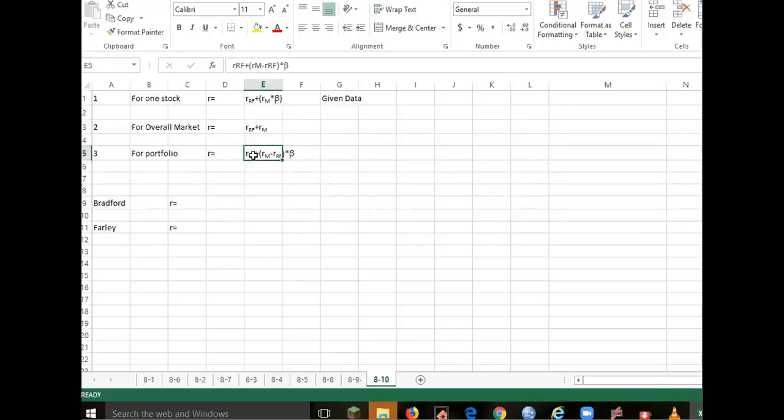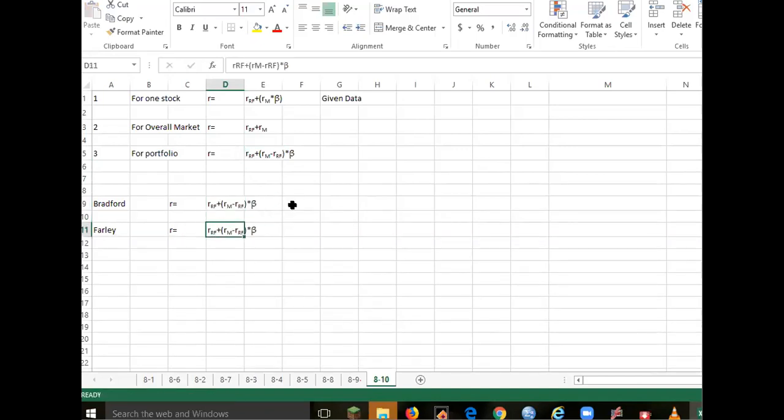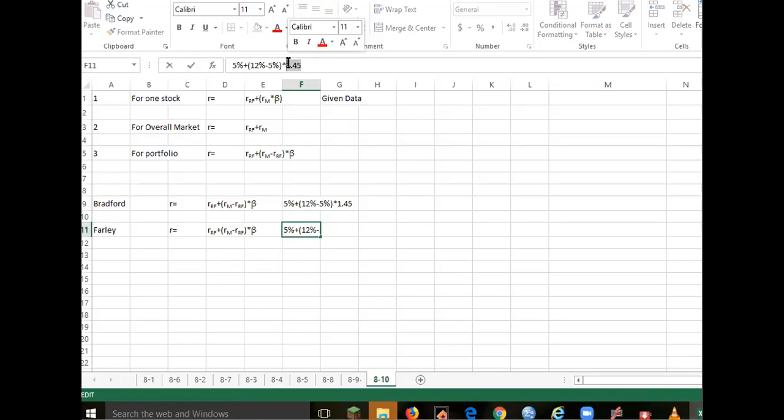So this is the formula of portfolio. Risk-free return is 5% plus market return, which is 12%, minus again risk-free return, which is 5%, and multiply by beta, which is 1.45. And for Farley Industries, the rest is the same except the beta. Beta is 0.85.